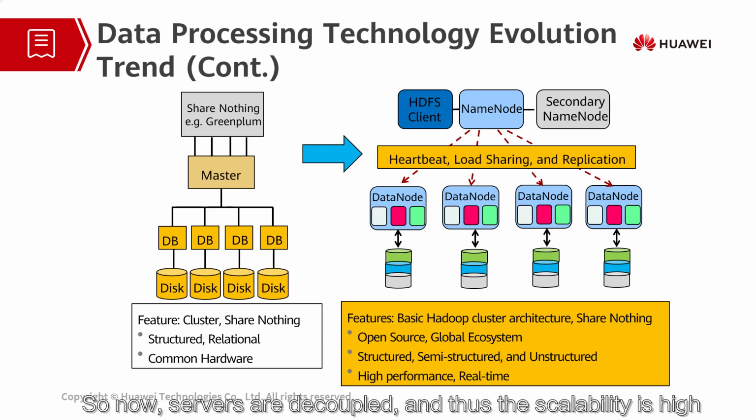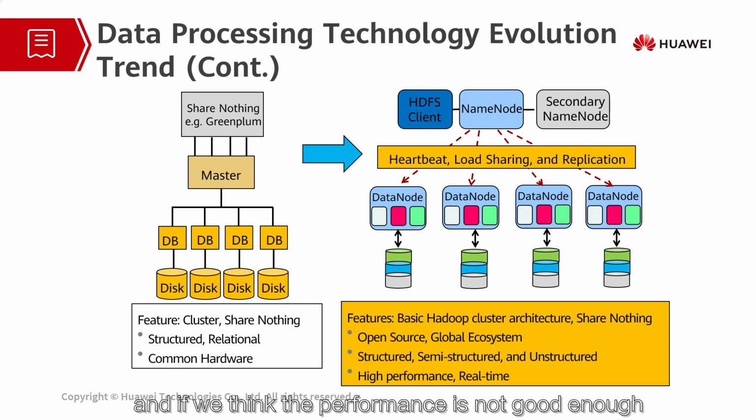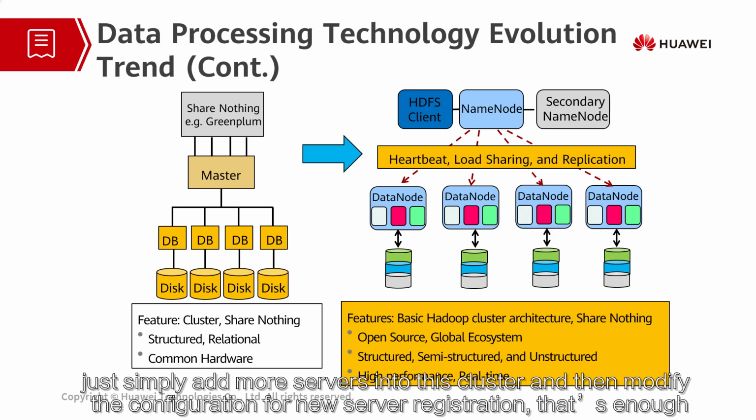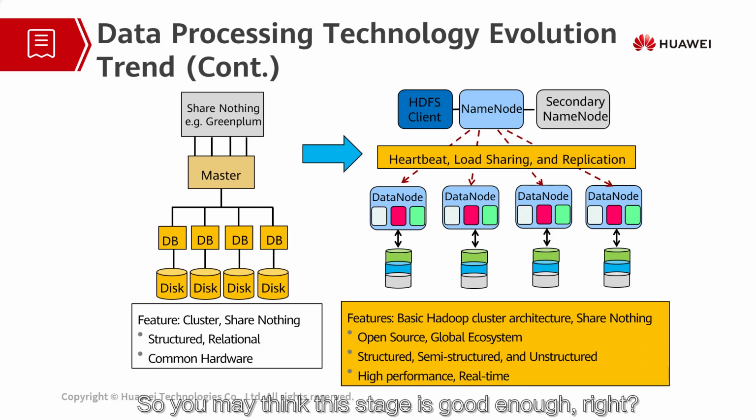So now, servers are decoupled, and thus the scalability is high. And if we think the performance is not good enough, just simply add more servers into the cluster and then modify the configuration for new servers' registration. That's enough. So you may think this stage is good enough, right?